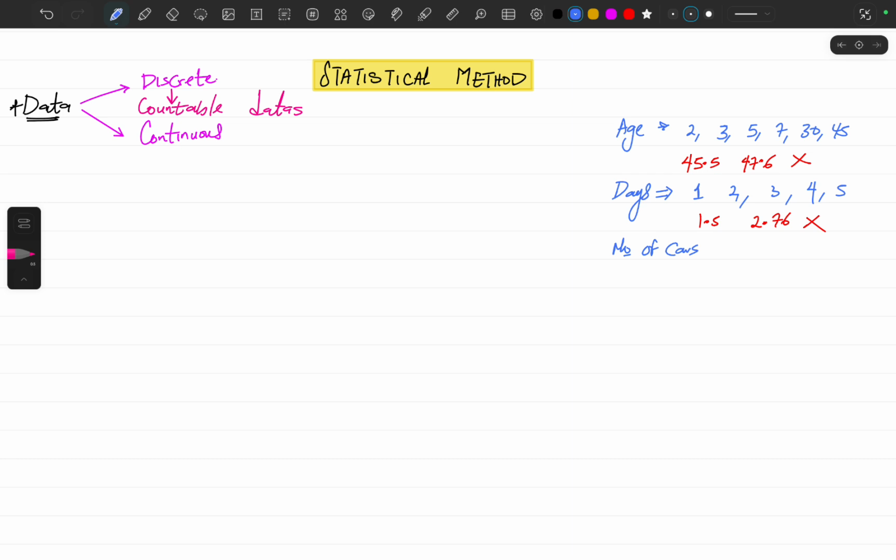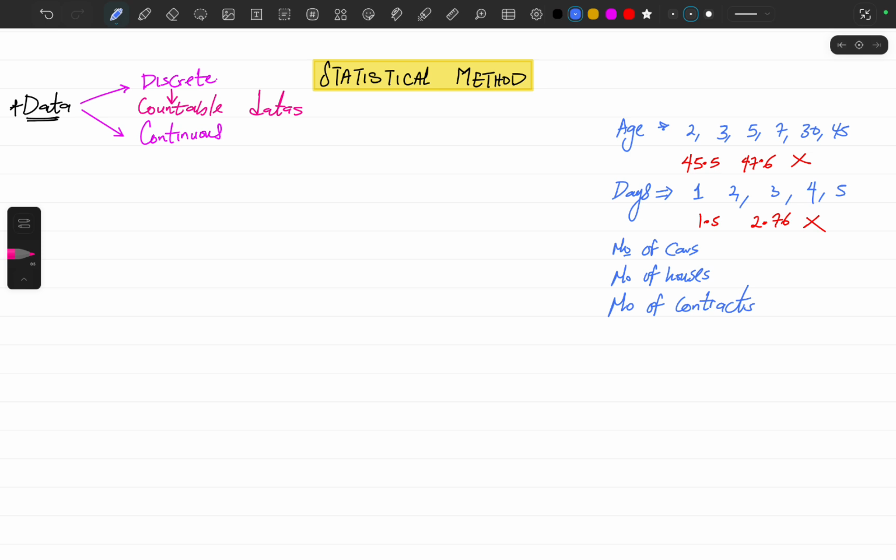We can also think about the number of houses in a particular environment, which is also discrete. The number of phones you have, the number of documents in your office, the number of contracts a contractor is working on is also discrete data. So all these are discrete data and more.